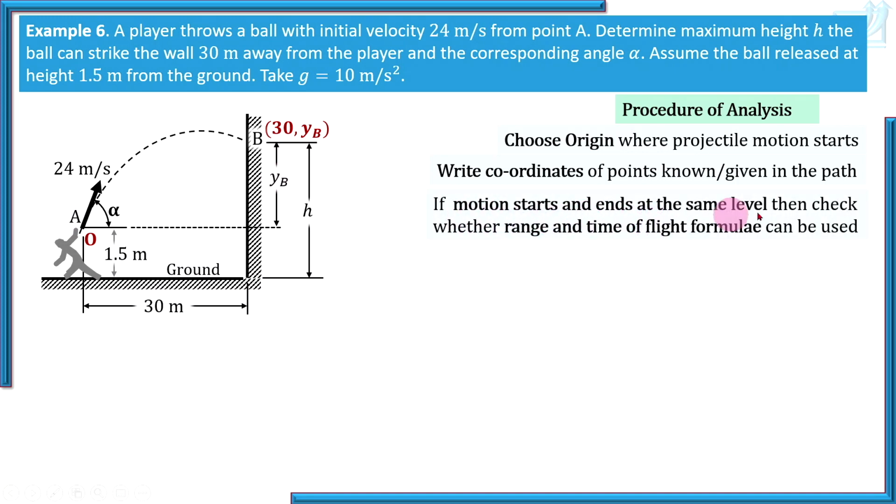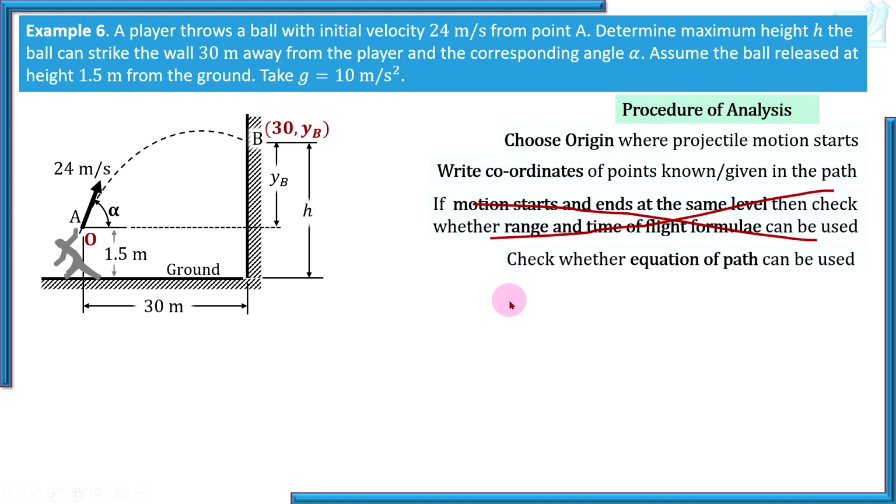If motion starts and ends at the same level, then check whether range and time can be used. No, not at all. Then check whether the equation of path can be used. Yes, because watch here: initial velocity 24, angle alpha. You want to know the maximum y coordinate. So given and asked are among these four variables only.